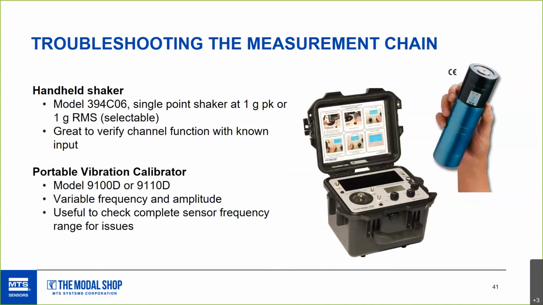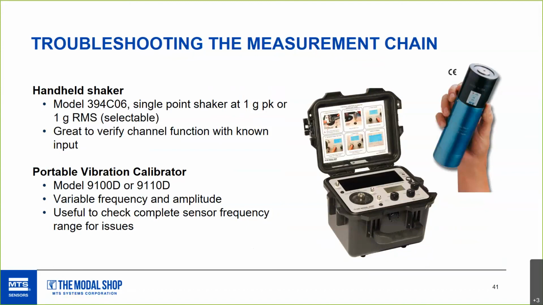It's a super easy tool to use to just verify that your channel is the channel you think it is. Because what if you mixed a cable up and you have a sensor and cable switched? Suddenly your data is not going to make a lot of sense. Or, if the channel isn't working, you can use that to troubleshoot. Okay, let's switch cables, check the cable out, check the sensor channel or that axis on the triax, and sort through what it might be.